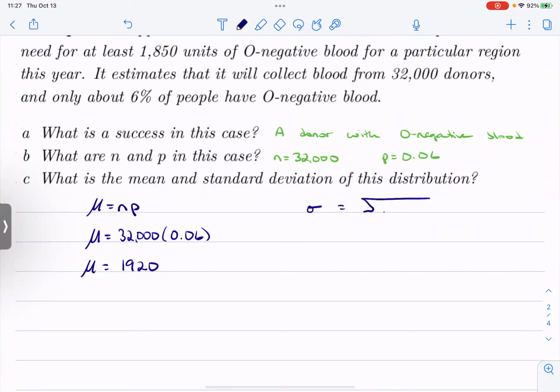Sigma is the square root of NPQ, which is the square root of 32,000 times 0.06 times 0.94. Don't forget that square root. 32,000 times 0.06 times 0.94, and then square root that. I nearly forgot. I'm going to round to 4 decimal places, 42.4829.